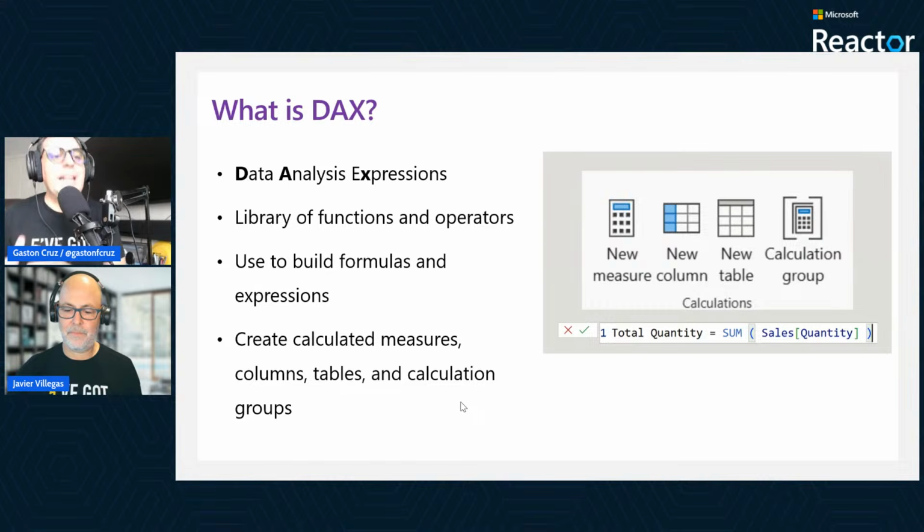So that is all living and calculating directly in memory. There's a library of functions and operators that you can use for the DAX statement. You can use different built-in formulas and expressions. Of course, you have a DAX viewer, and you can leverage Copilot to make that happen.